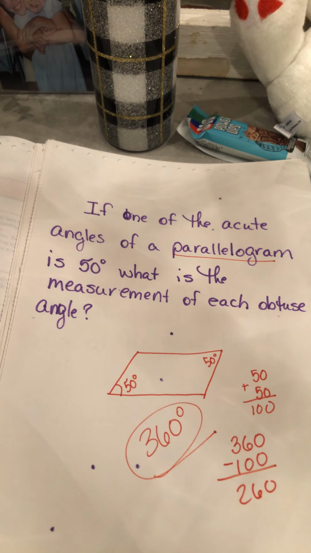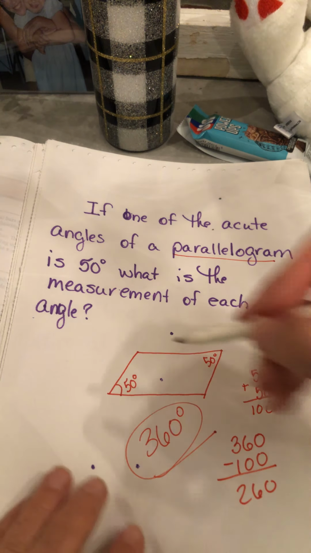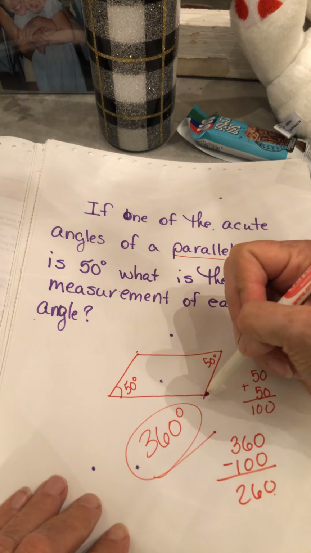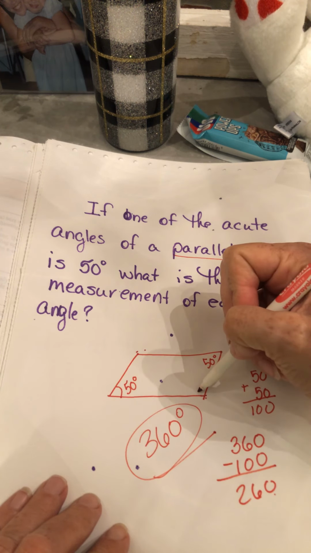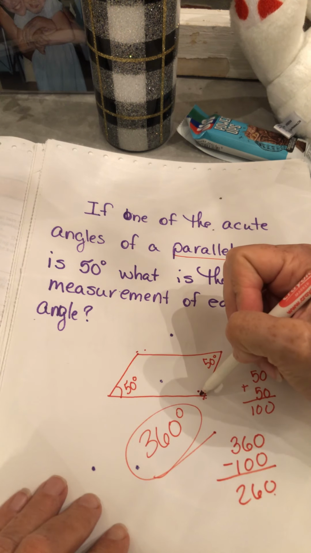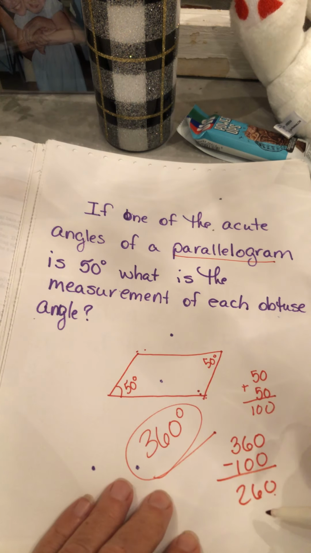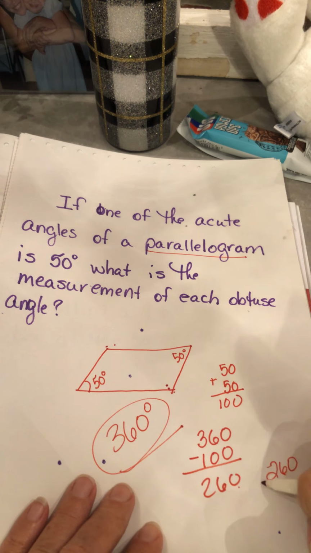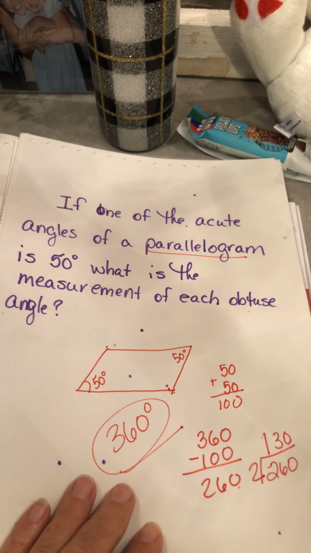Now that is not the answer, because the 260 has to be shared between these two angles. These two angles are equal, and together they add up to 260. So I need to take the 260 and divide by 2. And that gives me 130.